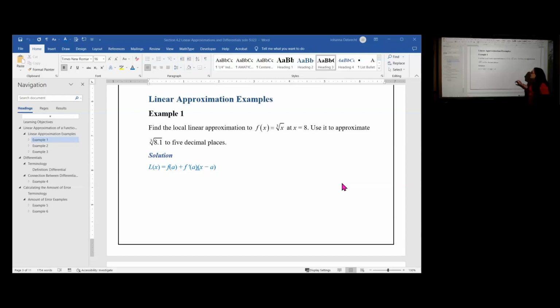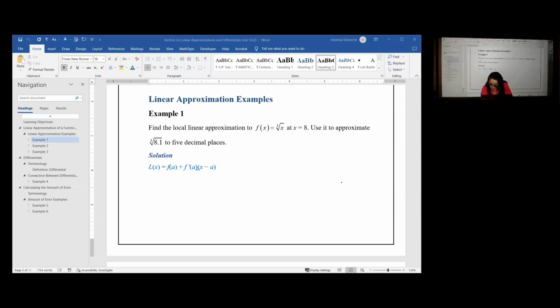So now let's go ahead and use this equation to estimate the value of the cube root of 8.1 to 5 decimal places. I'm going to use a as 8.